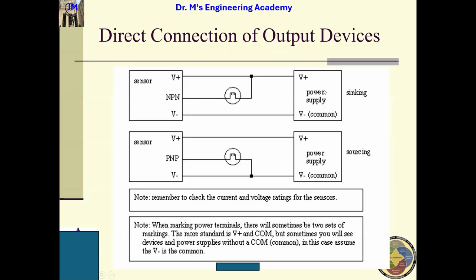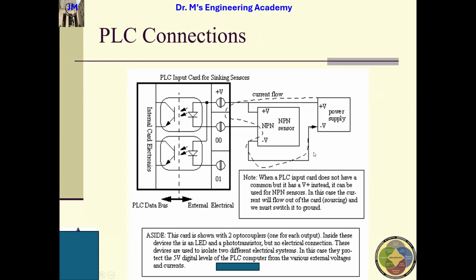So here is the connection of the output device. Here is the sensor, and here is the sensor, NPN, PNP. So this is sourcing, and this is sinking, and how do we connect these two sensors? The PLC connection. So this is a PLC card.